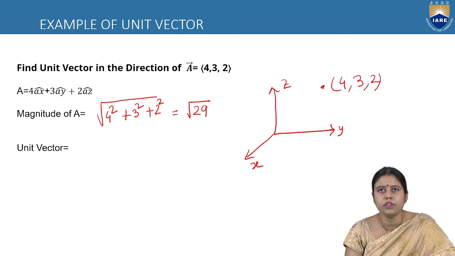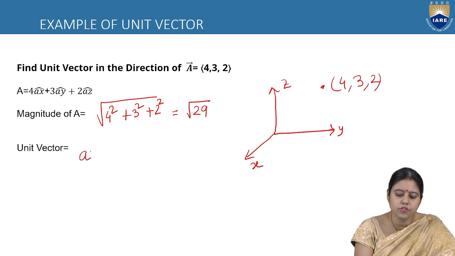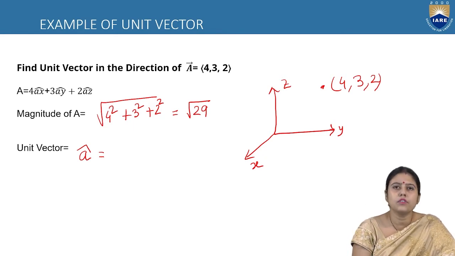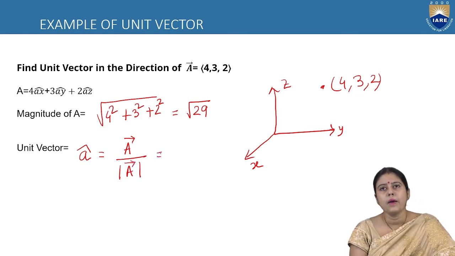So what will be the unit vector? Already we have told the definition. Unit vector will be written by small a and a cap on it. And what is the definition? Unit vector means the total vector divided by its magnitude. So what is the total vector? Total vector is vector A, divided by its total magnitude.